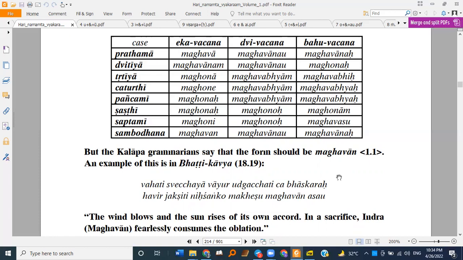That could be a possibility because we have done some matches like that, which in Harinamamrta it's not there, but some things like that exist in Panini and other grammars. Otherwise, how come such forms are there, like this Maghavan, whereas we are doing Maghava?